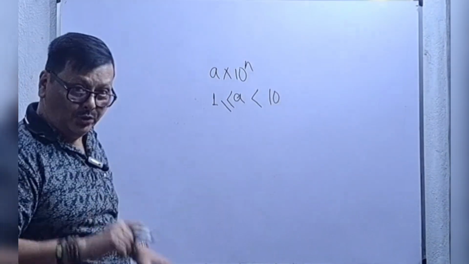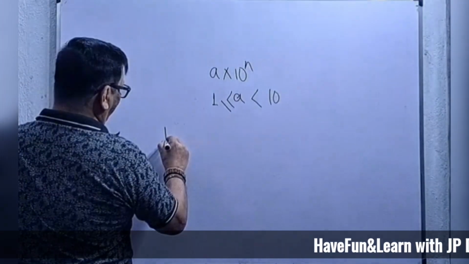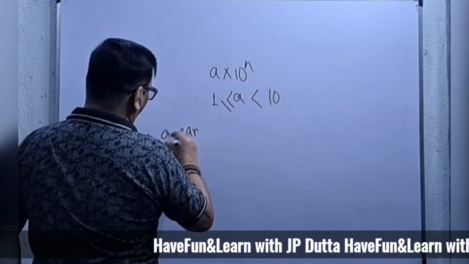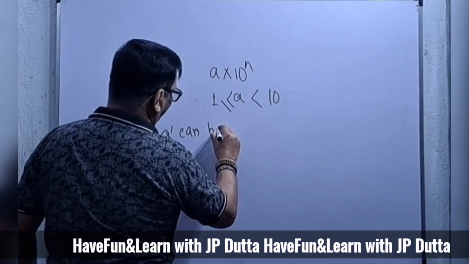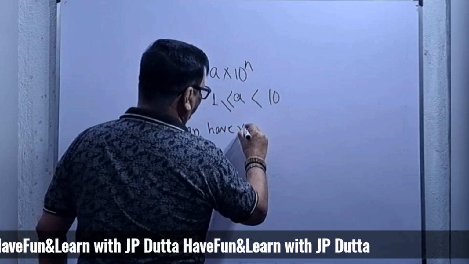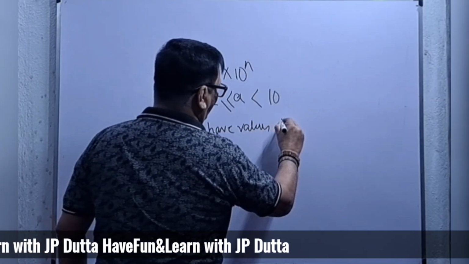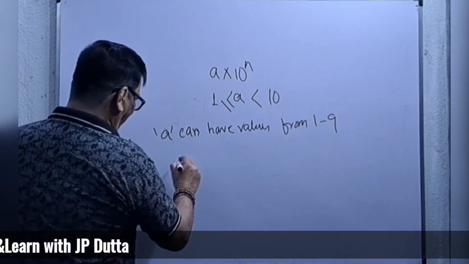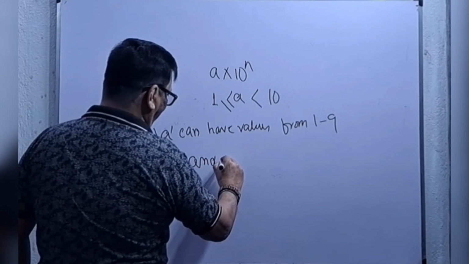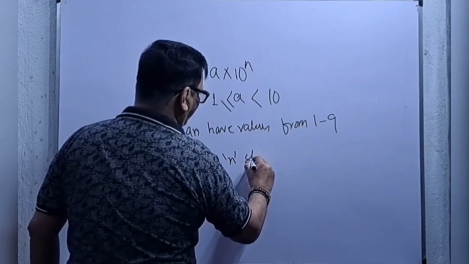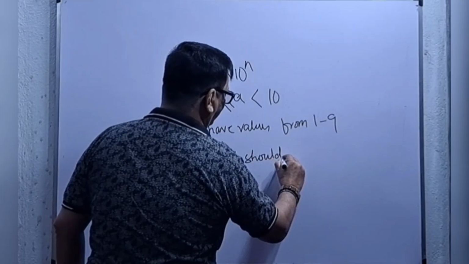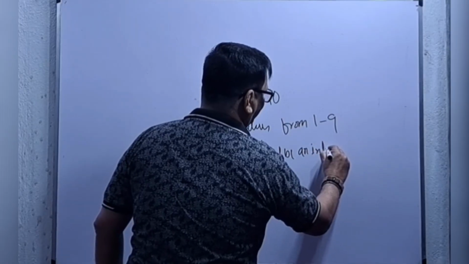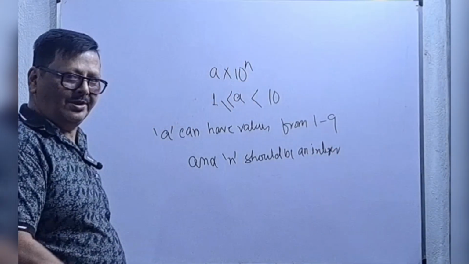In words, it means a can have values from 1 to 9 and n should be an integer. Correct? So what does it mean?